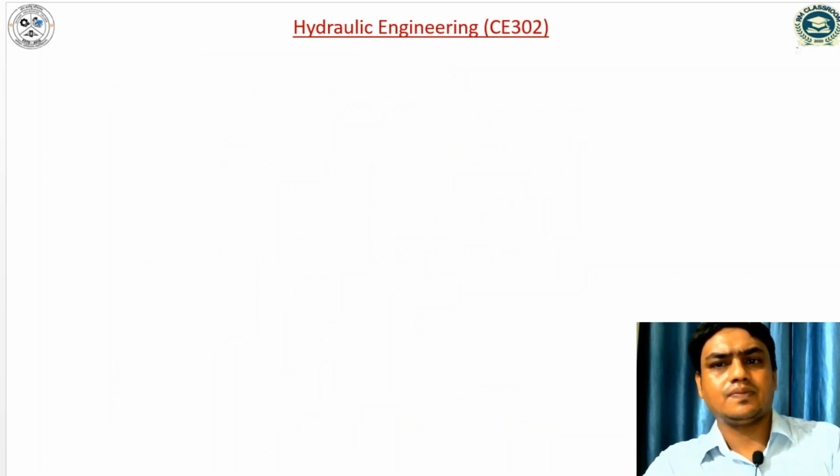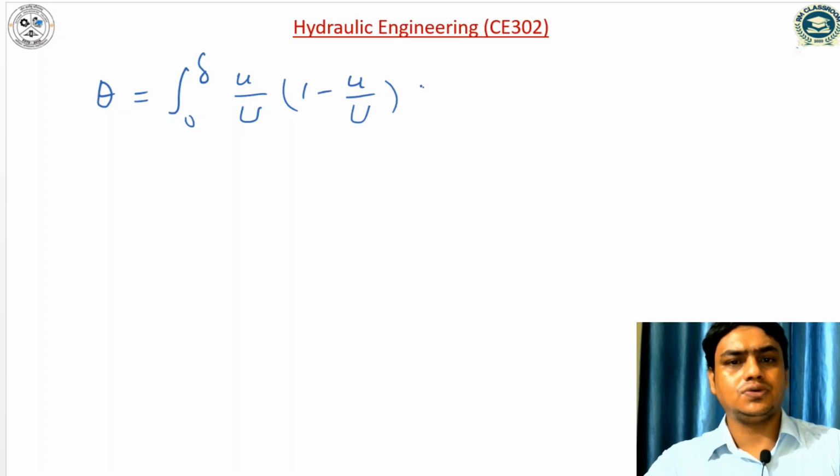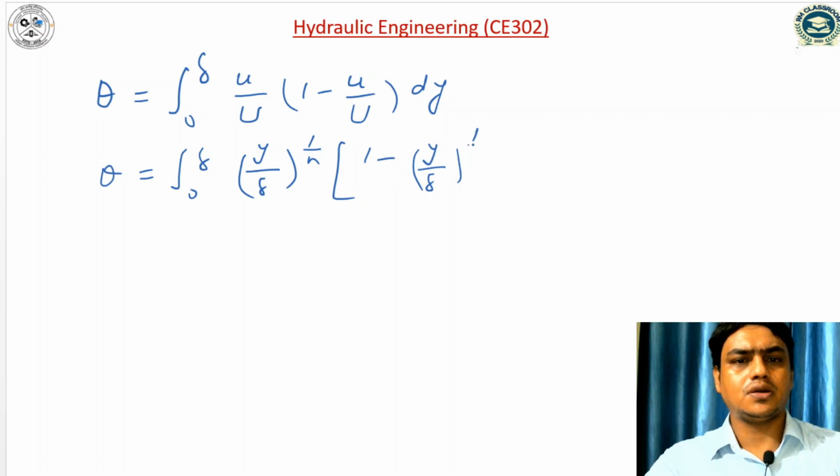Similarly, we can compute the momentum thickness. Momentum thickness theta is equal to the integral from 0 to delta of u by capital U into 1 minus u by capital U into dy. So we can write the integral from 0 to delta of y by delta to the power 1 by n into 1 minus y by delta to the power 1 by n into dy.